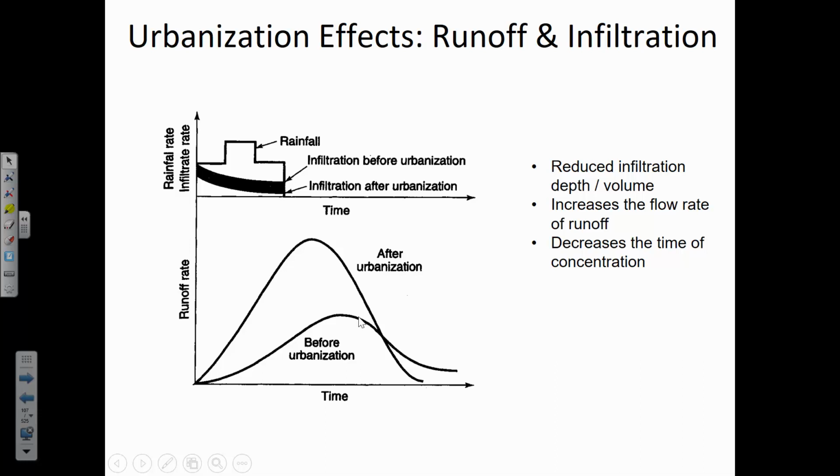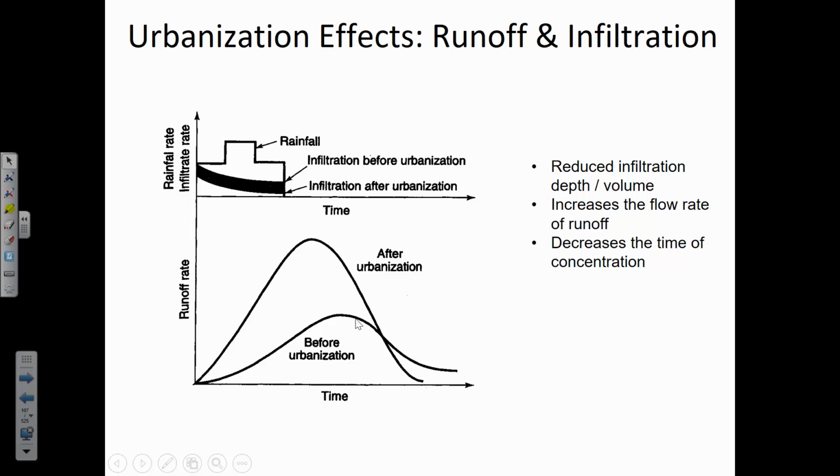Okay, both of those are really good answers. So the shift in time just means that the peak is coming sooner. When you urbanize an area, the water moves over the surface more quickly. And so it's getting to some point of interest, whether it's a drain, a culvert, or a location on a river. The time delay from when it rains to when you see the peak is shorter.